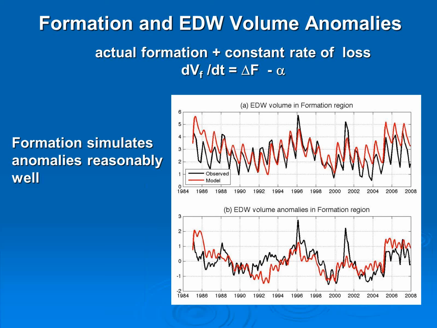The black line is the observed EDW volume, and the red curve is the estimate from the model. You can see that the formation reasonably simulates the EDW changes in the formation region, and the lower panel here is the internal variation. This is for a longer period, from 1985 to 2007.